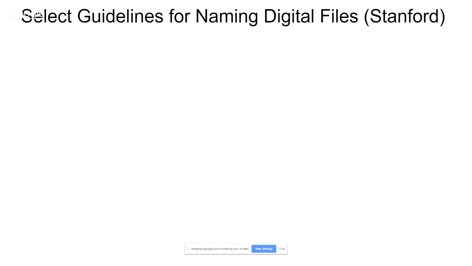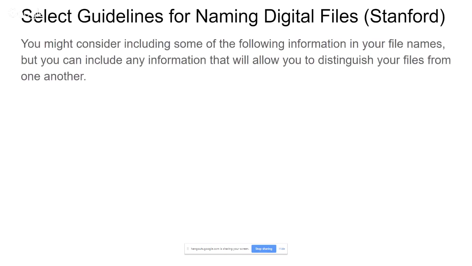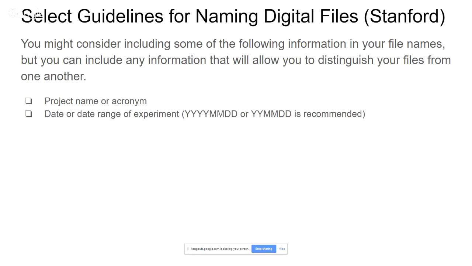Smithsonian libraries also have some really good guidelines as far as how to name your files to make them easy to search. They encourage adding some of these things, not necessarily all of them, because you don't want to end up with a file name that's really, really long. They encourage having the name of your project or an acronym for your project in the name. They suggest having a date range of the project in a standardized format.